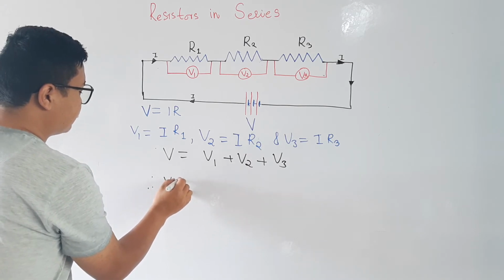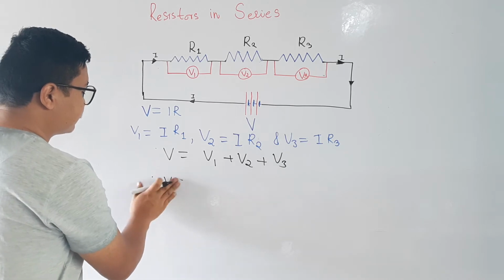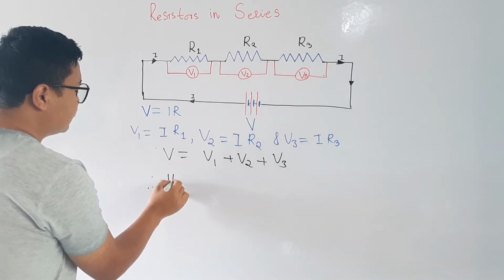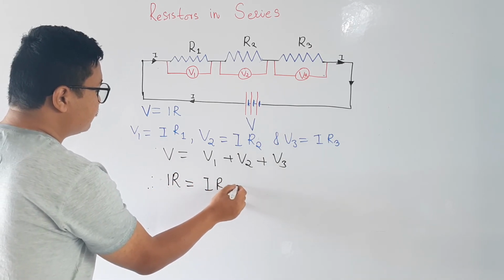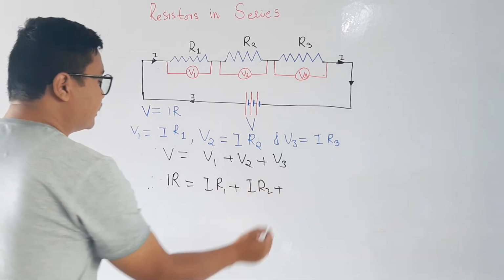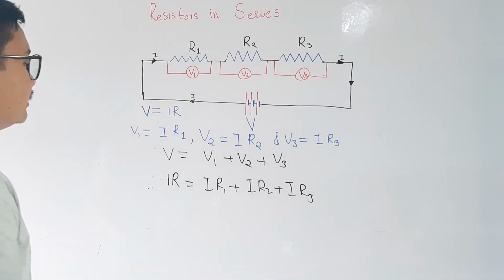Let us put the values. What is the value of V? V is equal to I R, and V1 is I R1, plus V2 is I R2, plus V3 is I R3. I am just putting all the values.